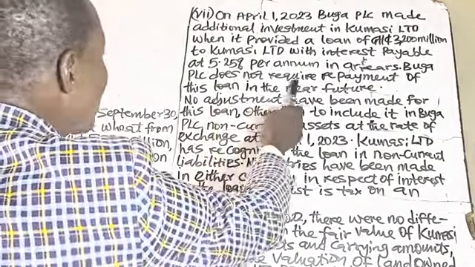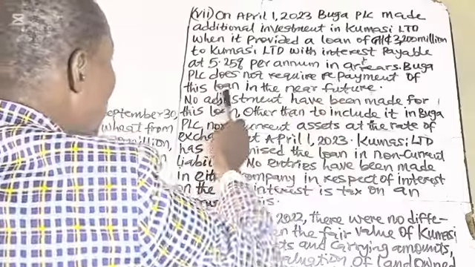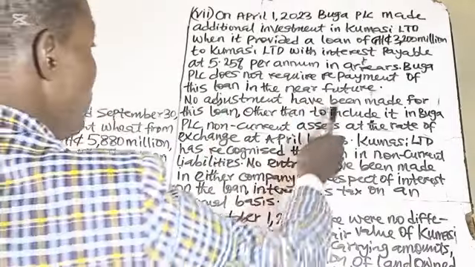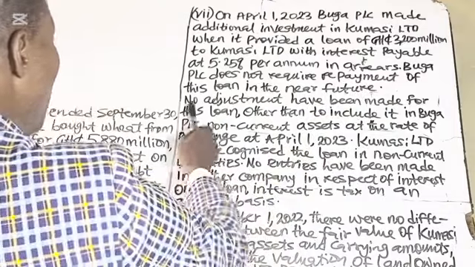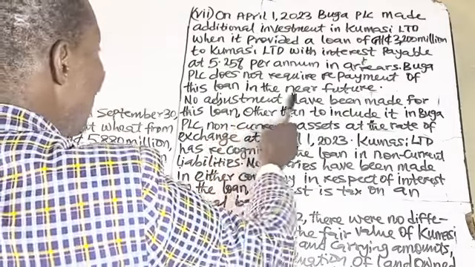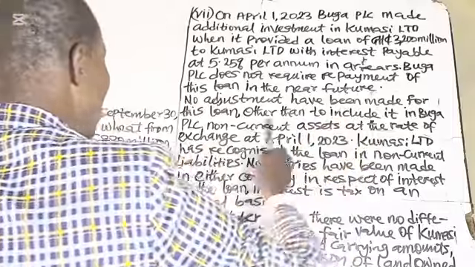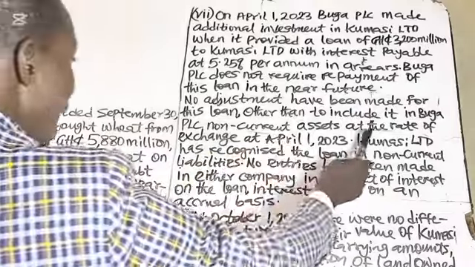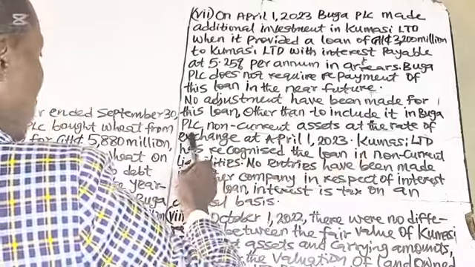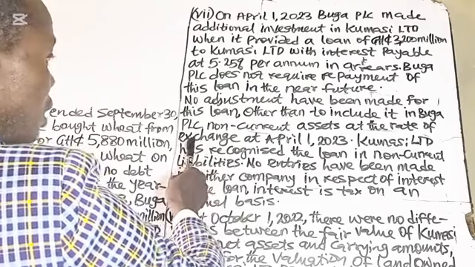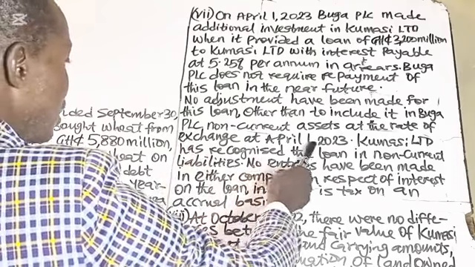Buga PLC does not require repayment of this loan in the near future. No adjustments have been made for this loan other than to include it in Buga PLC non-current assets at the rate of exchange at April 1st, 2023.